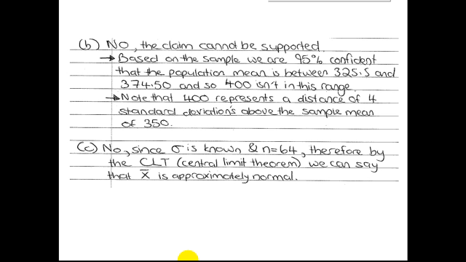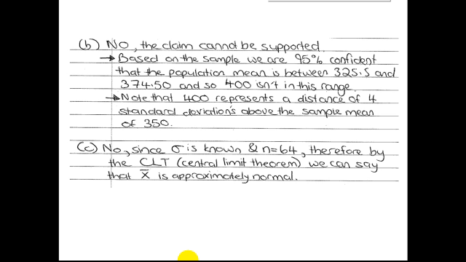If we link it back to the sample mean, 400 is 4 standard deviations above the sample mean of 350. When we take a sample, we do expect some sample variation. The sample mean might be a little bit less or a little bit more than the true population mean.